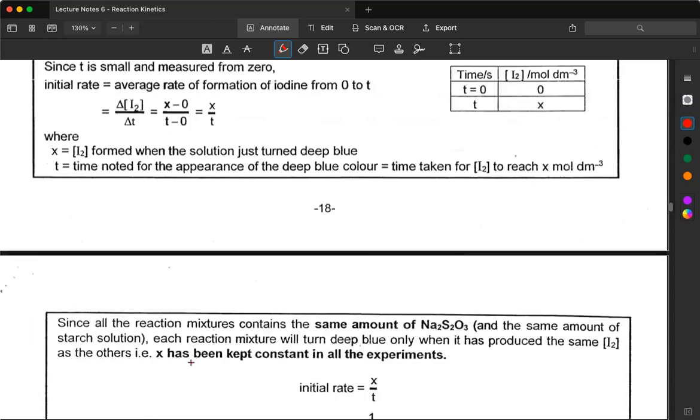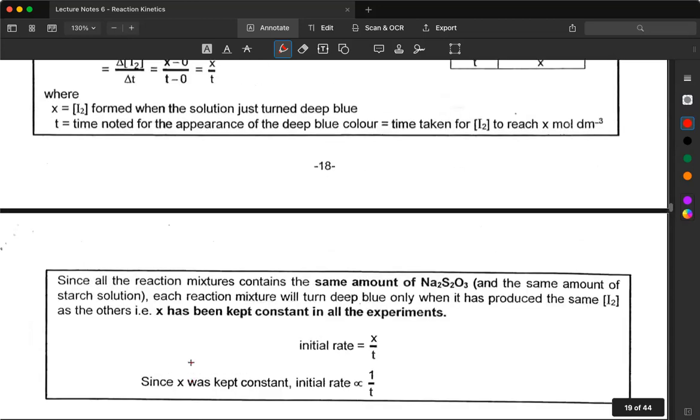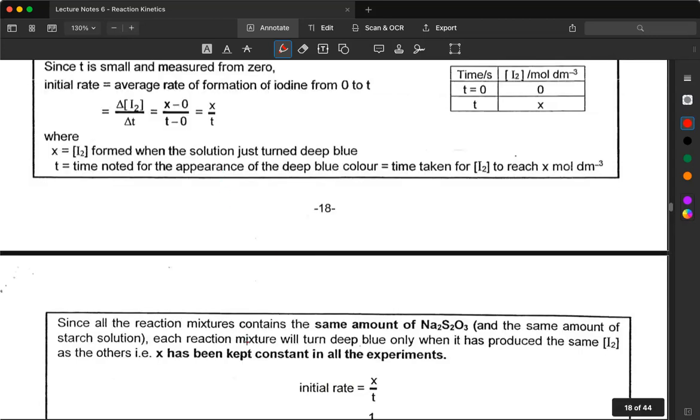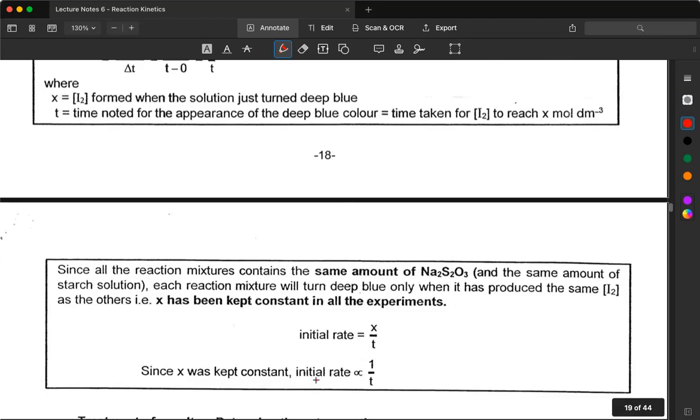Since all the reaction mixtures contain the same amount of sodium thiosulfate, you assume each reaction mixture will turn deep blue only when it produces the same concentration of iodine. So x is constant in all the experiments. Since x was kept constant, initial rate is directly proportional to 1/T. We have to make all these valid assumptions to make this conclusion.